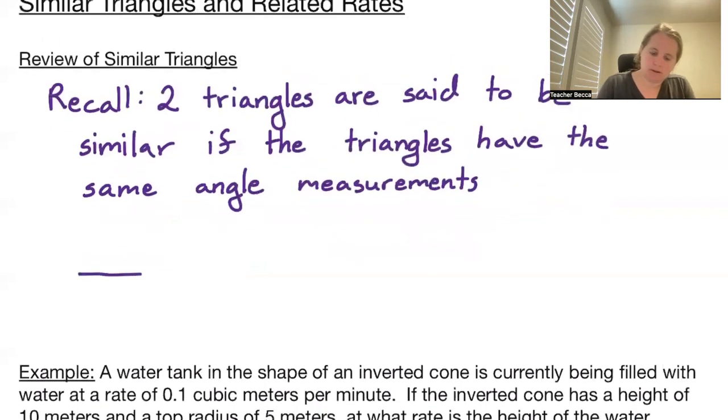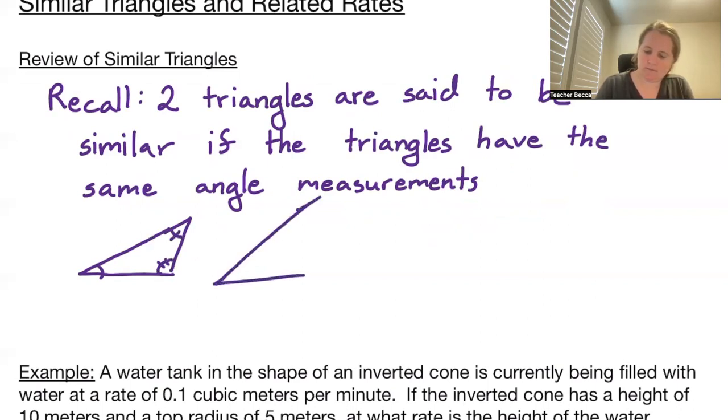So you usually have a smaller triangle and then a slightly larger version of the triangle. So the angles match. One's just a larger version of the original triangle.